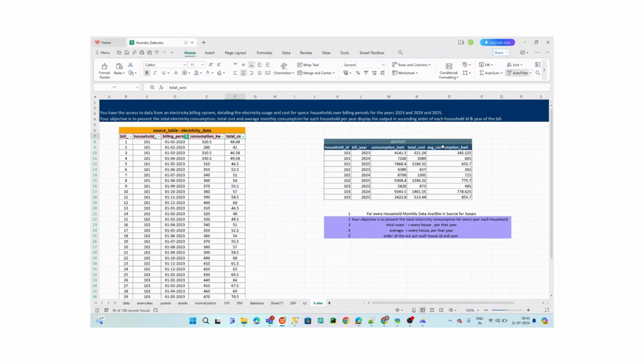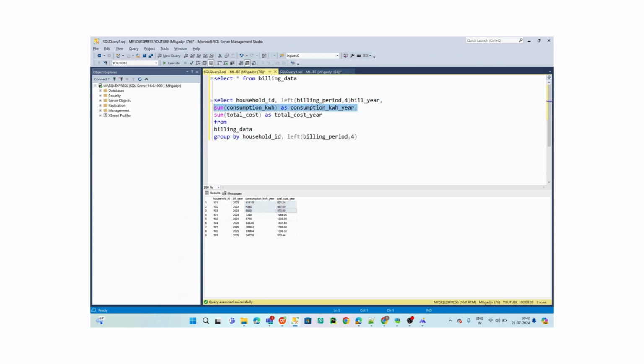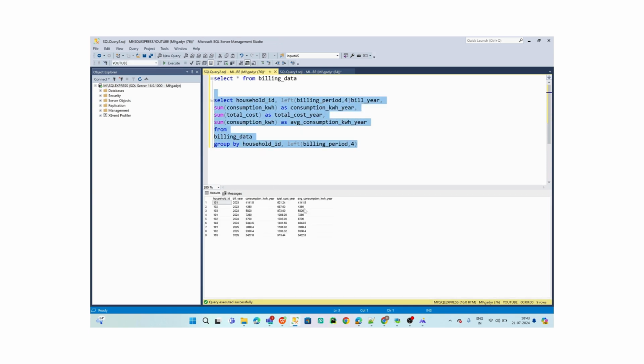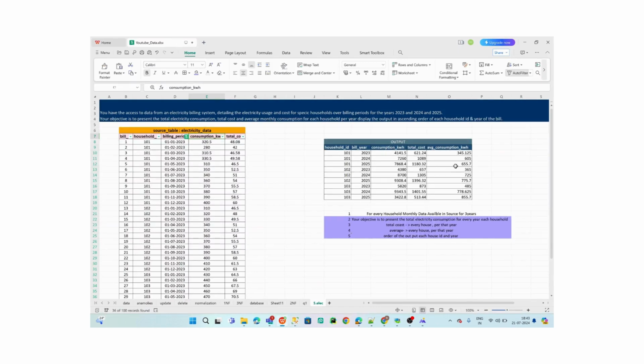In the same way, we need to do the average consumption on top of this column. Average consumption, they are saying. So instead of summation, we have to do the average. Average consumption for that year. Now I got the average consumption.